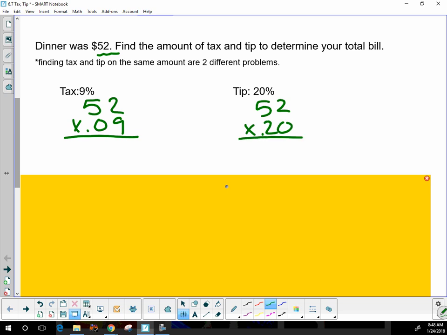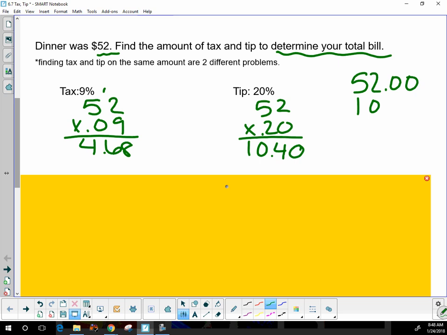Okay, 18, and then, so my total bill, that's the question, is going to be $52.40 plus $4.68. Okay. That is how you would find tax and tip.